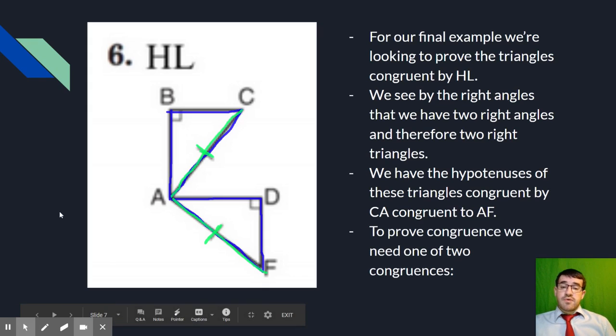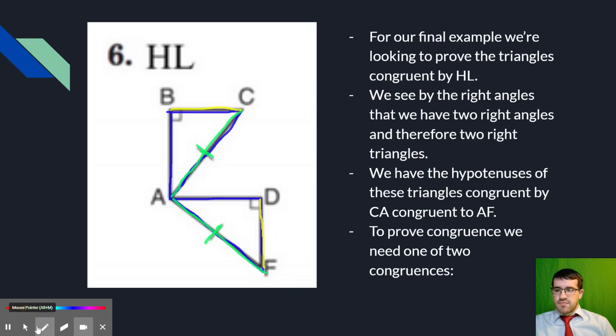Now to prove the congruence of the 2 triangles, we need one of the corresponding legs to be congruent. It can either be leg BC congruent to DF, or CB congruent to FD, or we can do segment BA congruent to DA, or AB congruent to AD, whichever way you write that.